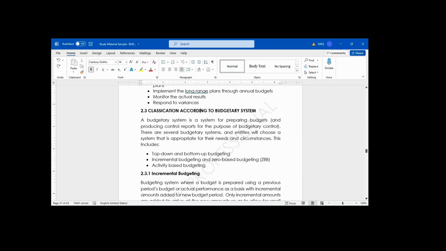We have activity-based budget. This one, we can call it planning program budget.